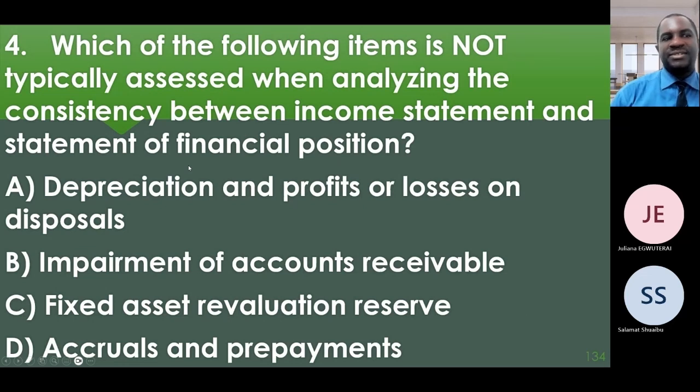Number 4. Which of the following items is not typically assessed when analyzing the consistency between income statement and the statement of financial position? A. Depreciation and profits or losses on disposals.